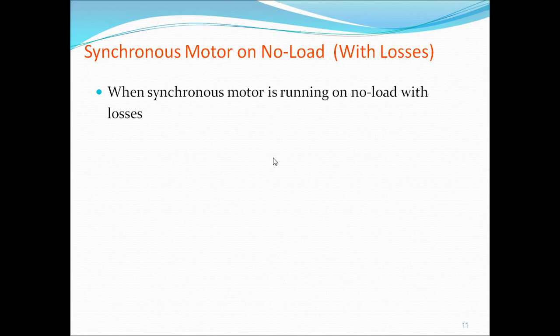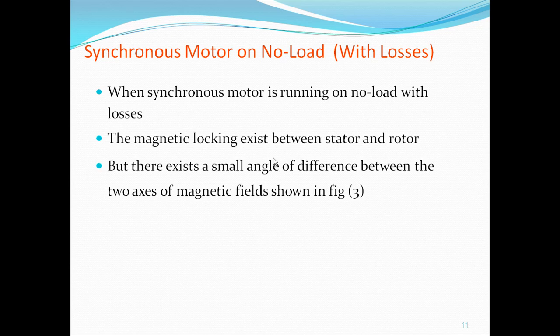When a synchronous motor is running on no load with losses, the magnetic locking exists between the stator and rotor poles, but there exists a small angle of difference between the two axes, that is, the rotor axis and the stator magnetic field axis. Both are not in the same plane.